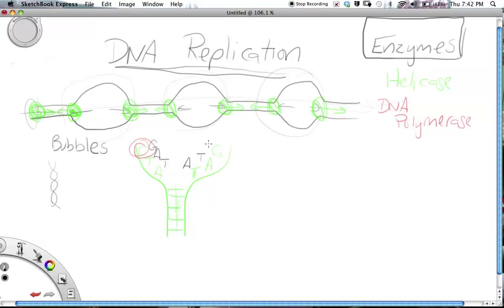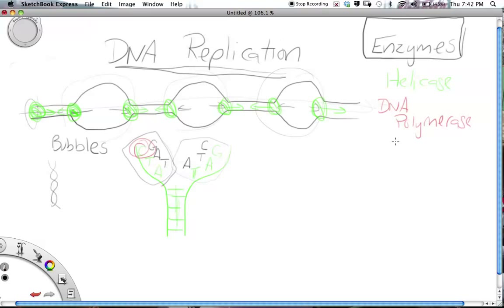You have the complementary. So now you see this piece is the same as this piece. So you see why the complementary base pairing is so important, is because it then makes sure that you have the same exact DNA molecule when you replicate.